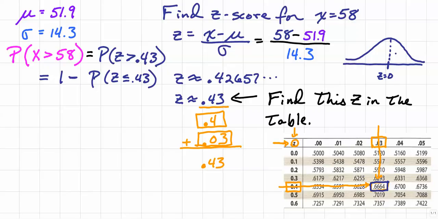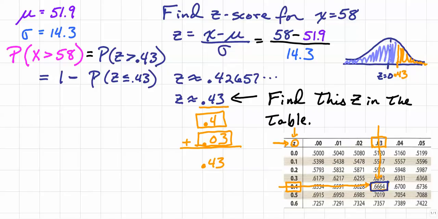But this 0.43 is going to be somewhere right about here. Since we're looking at greater than, we want everything above that, but the table will always give us what is below that z-score. Hence we have to subtract from 1, because the total area under the normal distribution curve is equal to 1.